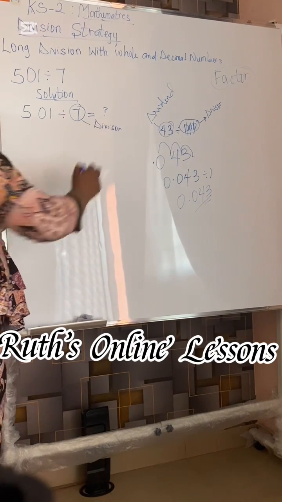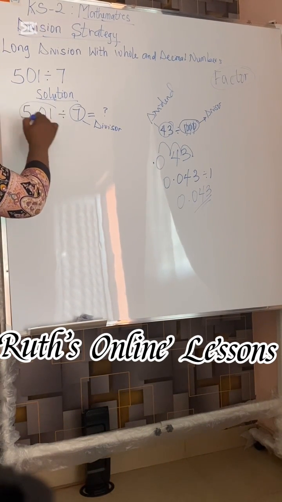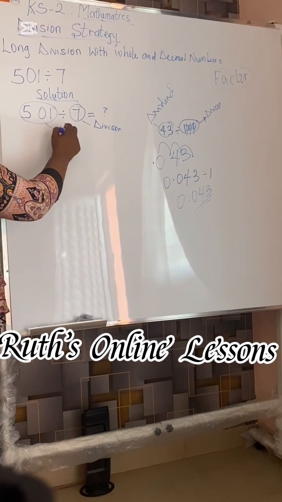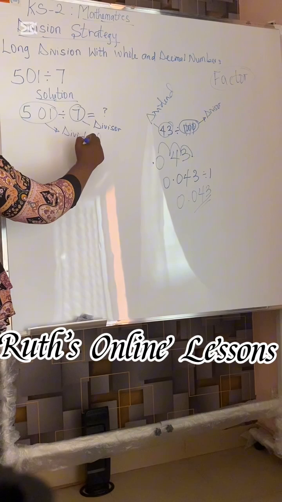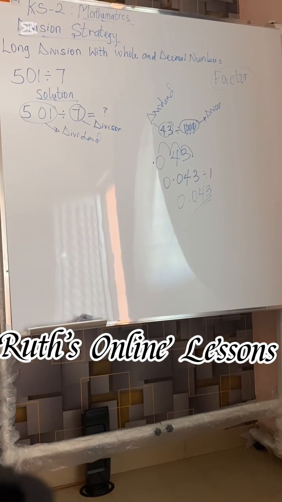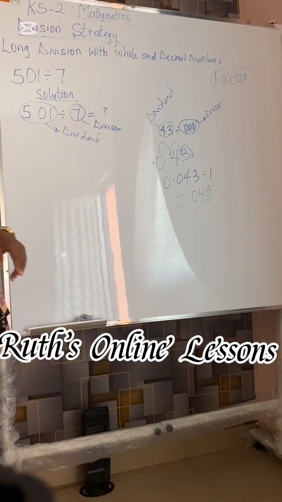Please take note, I'm using this word over and over so that it will sink. This is the divisor, and this is the dividend. So that we know exactly what we are doing. All right, long division is the method that we're using.